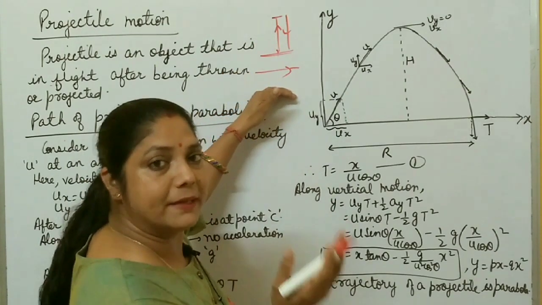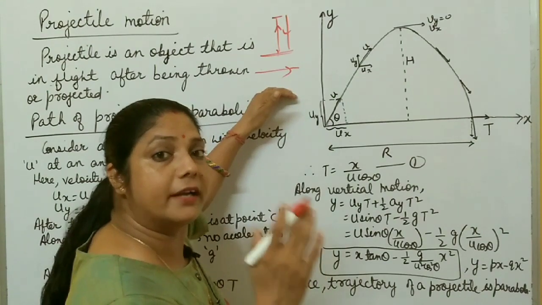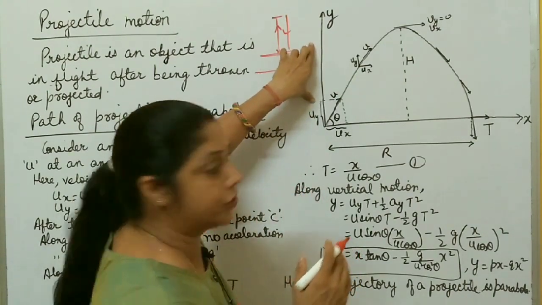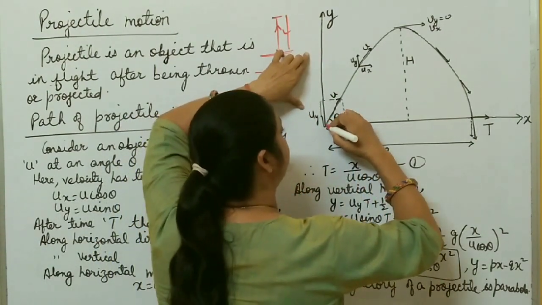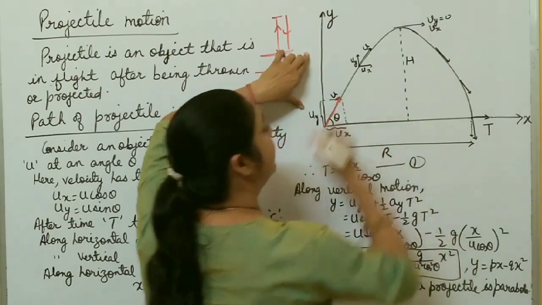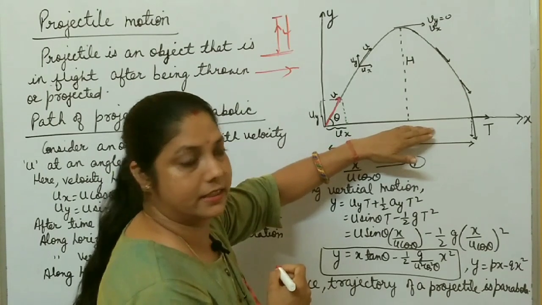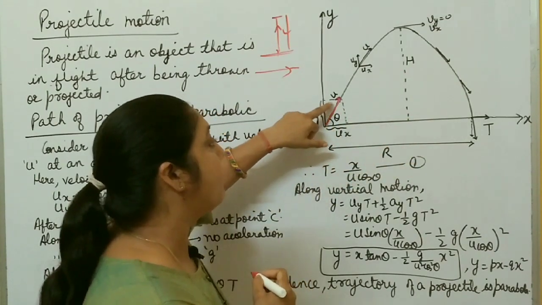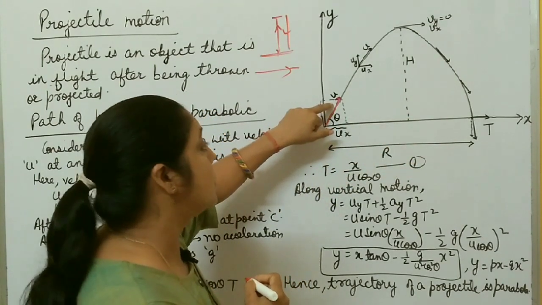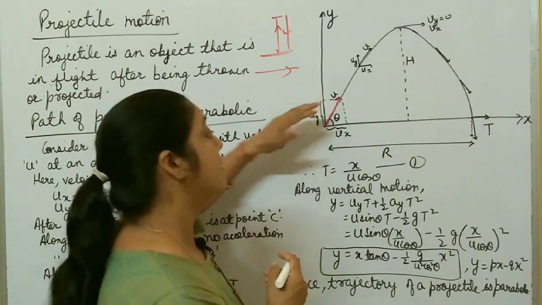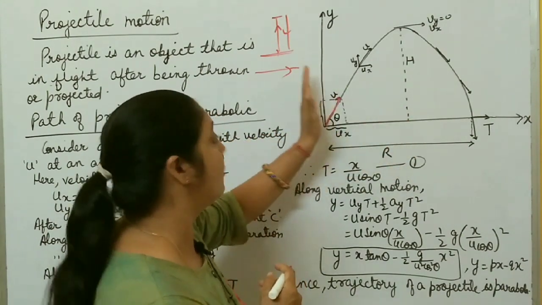But what happens when an object is thrown slightly differently from this vertical motion, like this? Suppose the object is thrown like this. It makes some angle theta with the x-axis. Then what is the path taken by this object? This object covers distance both in the x-axis and y-axis.